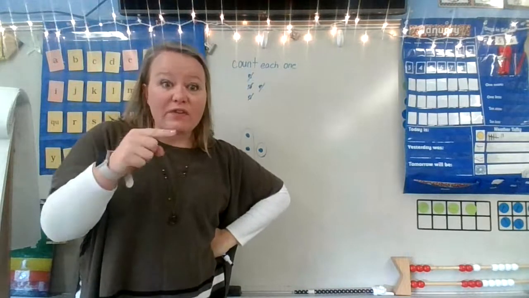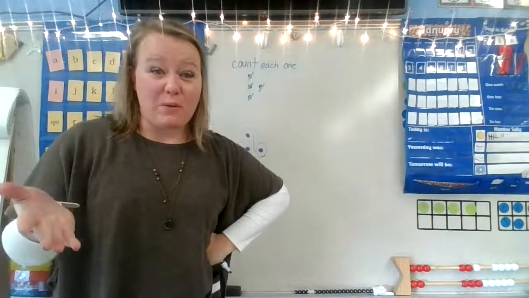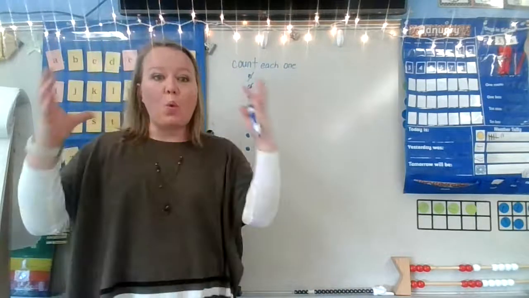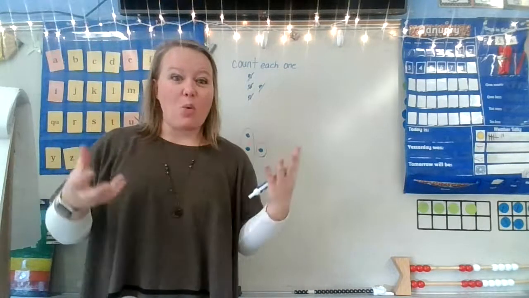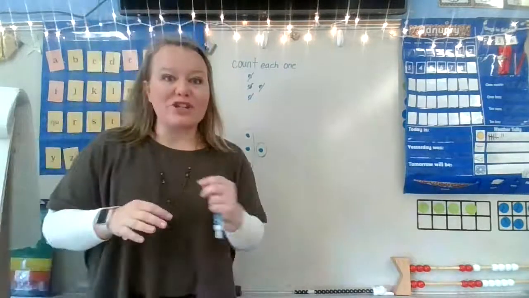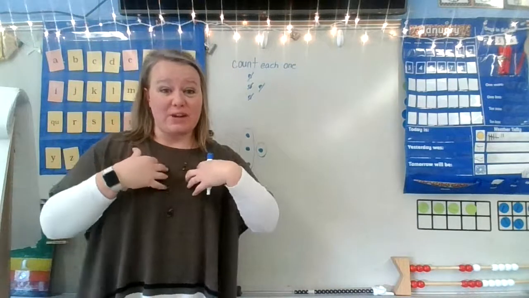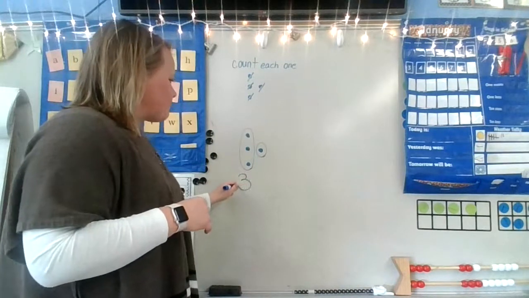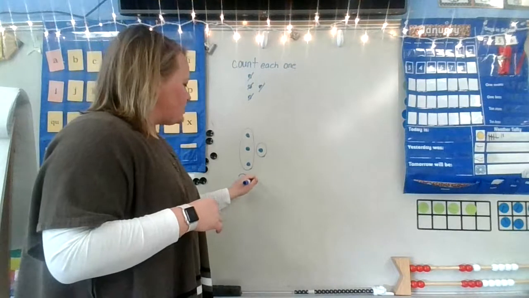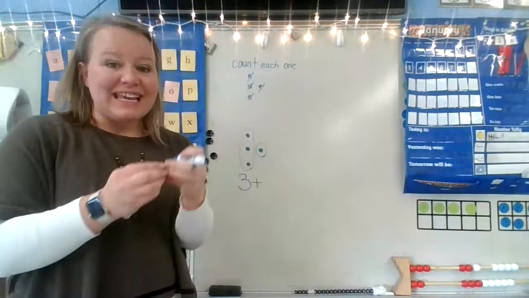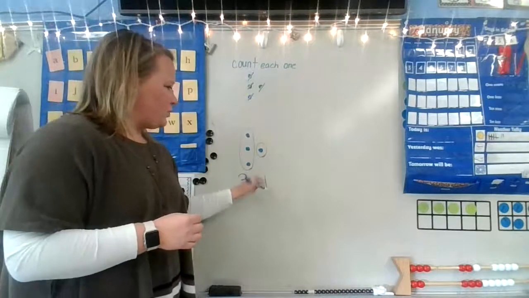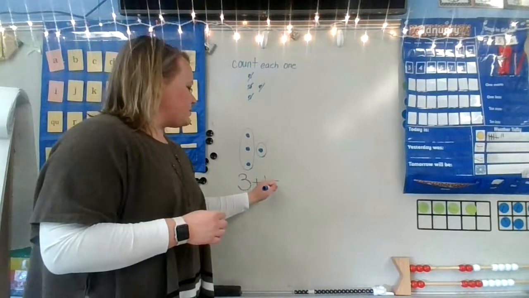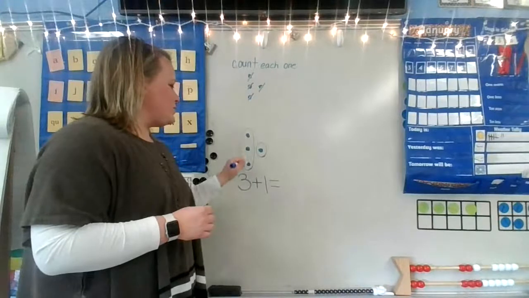This is when I want for us to use some of those addition words that we've been learning about. How could I write this into an equation? Everyone say equation. Good job. All right, so if I was doing this, I would say I have 3, and I'm going to add or put that together with this group with 1 dot, and that equals 1, 2, 3, 4.